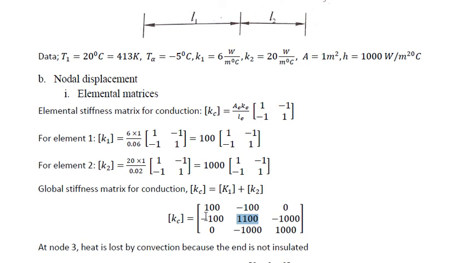Otherwise, everything is written the same. The first two degrees of freedom belong to element 1 and the last two belong to element 2. Only this term belongs to both element 1 and element 2. That is why it is added.